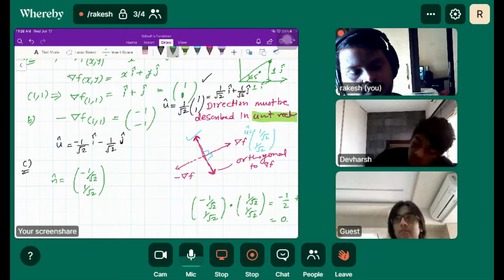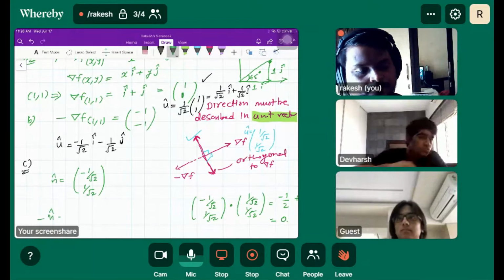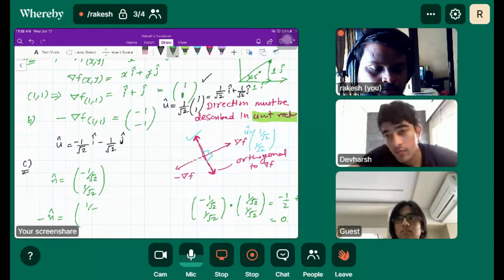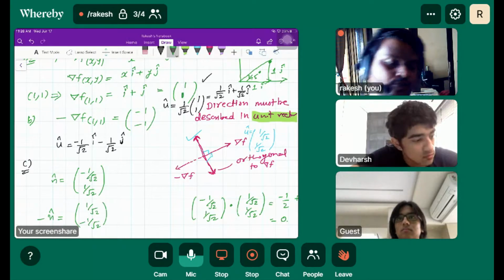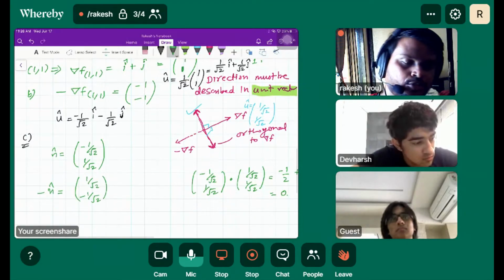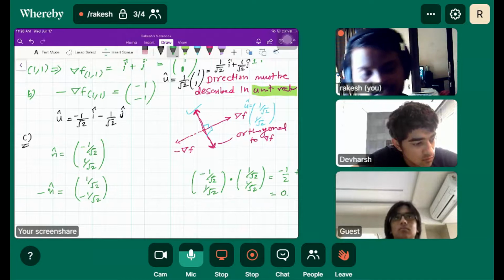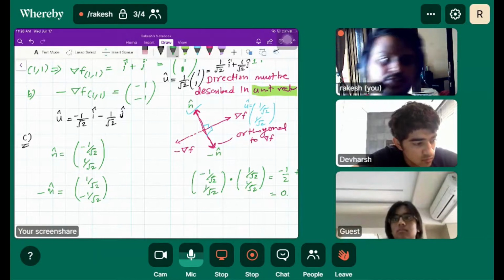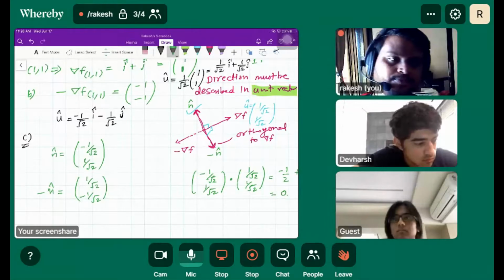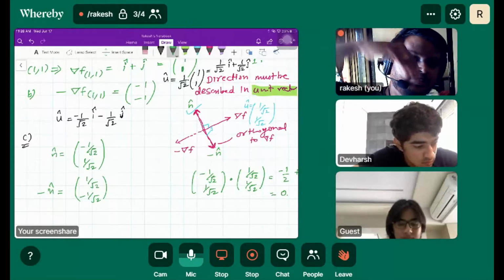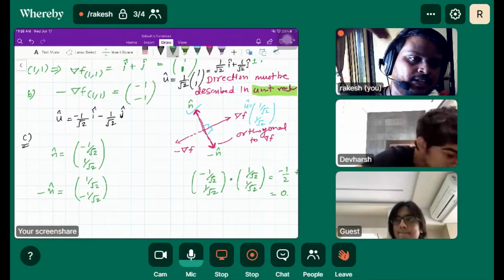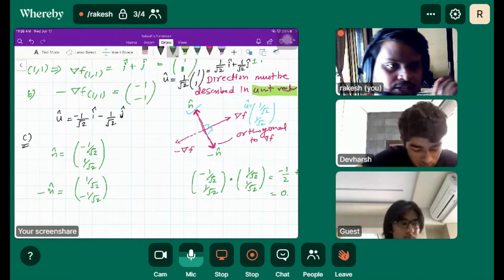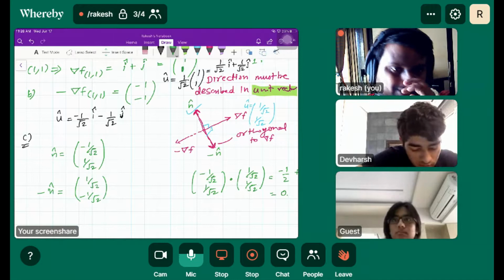Or you can make minus of that unit vector, which can be written as 1 by root 2, minus 1 by root 2. This will also give you dot product 0, because this is just the opposite direction of this unit vector. So I mentioned the notations here. See, n cap is along the above line, and minus n cap is just the opposite of that. So by putting minus n, you can get the opposite direction. Is that clear to you?